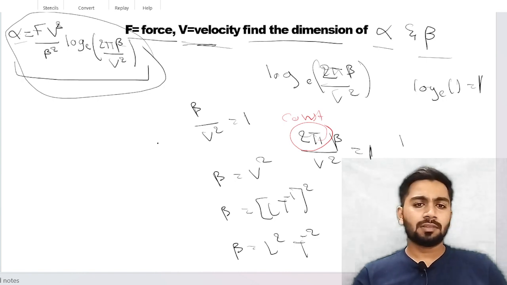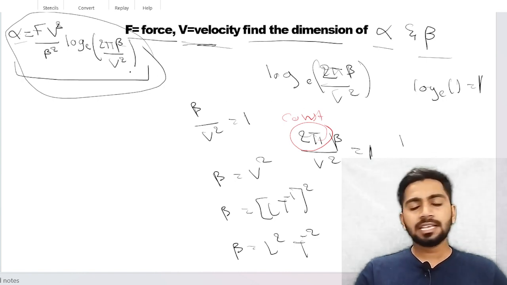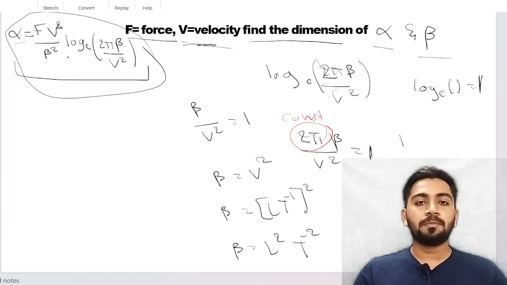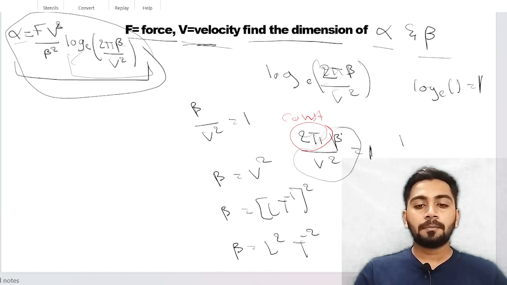Now we want alpha. Very easy, a small problem with easy tricks. This log term equals 1, so it is constant, and 2 pi is constant; only beta divided by v square remains. We know velocity, so we can find beta.